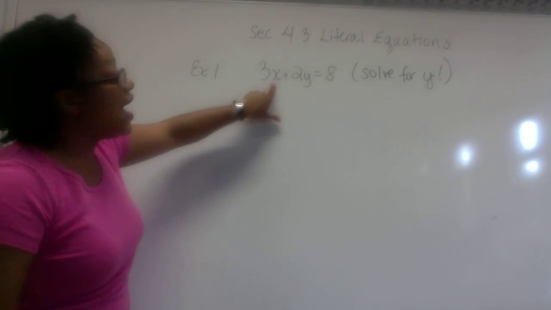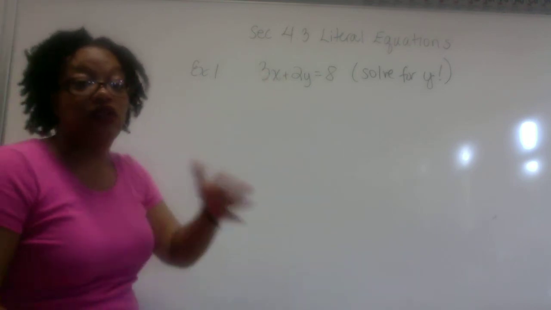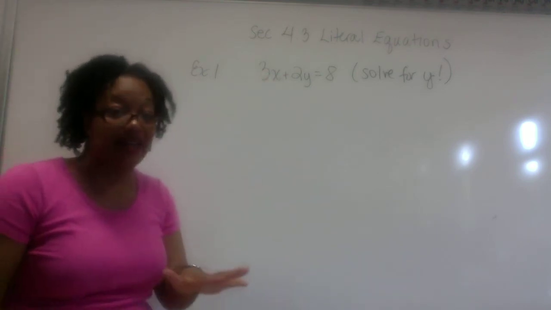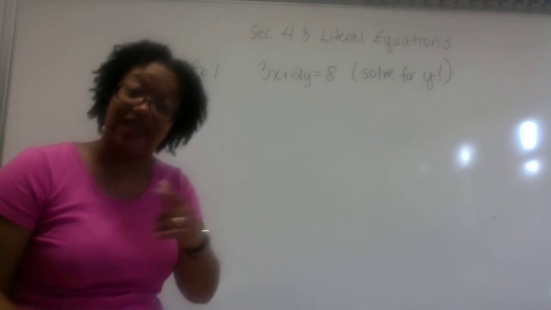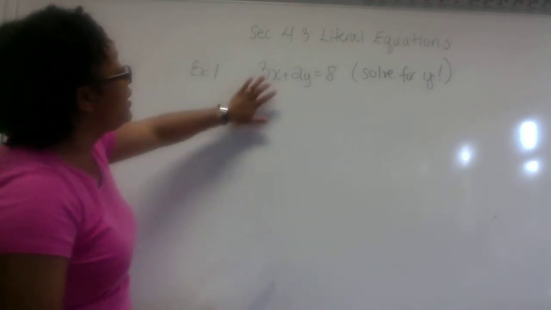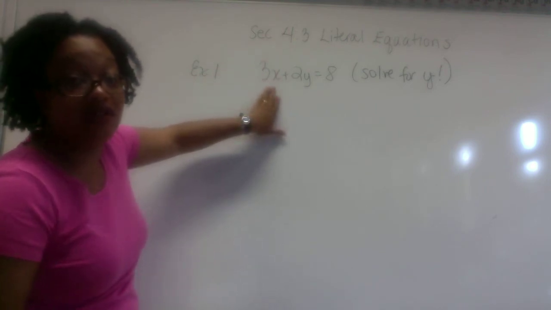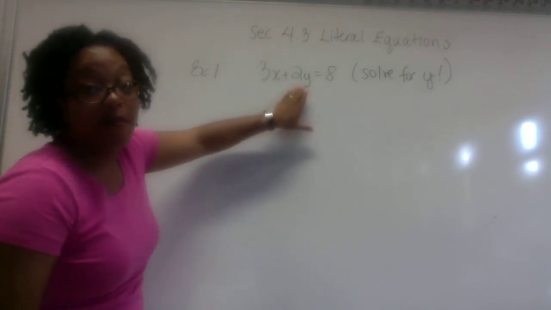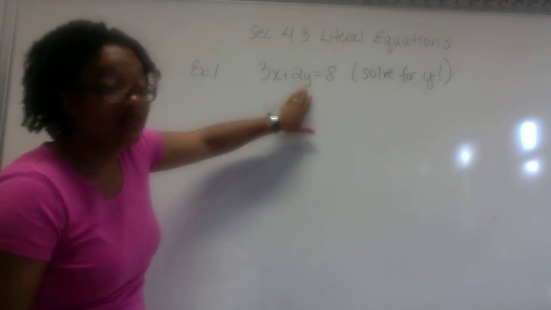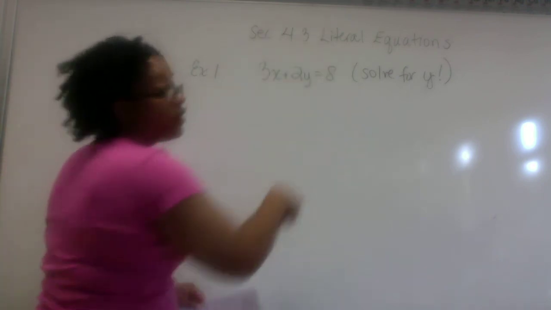Now, I don't need you to touch that x. I know that we're used to the x being the answer, but not when you're dealing with literal equations, unless they tell you to. So I need the whole 3x to stay together. These two are partners. They're not going to separate because my objective is to get the y by itself. So I need to move the 3x over.